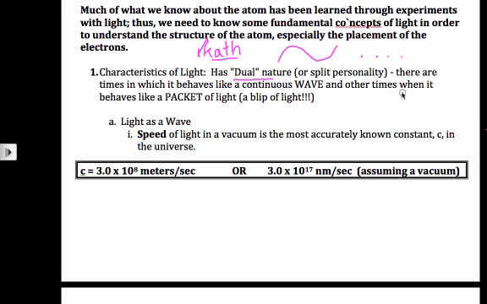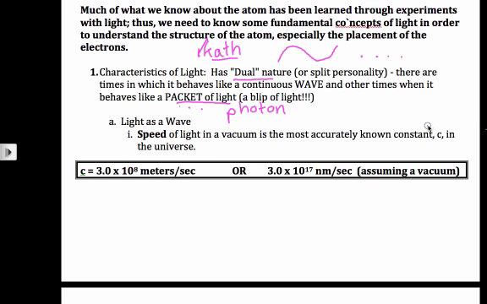So we call this the dual nature, something of a split personality, but it's not like sometimes light behaves as a particle and sometimes it behaves as a wave. It's really that the mathematics of these do a good job of explaining what we understand about light. So we call that particle a packet of light, and it's called a photon. We'll see this in more detail in just a minute.